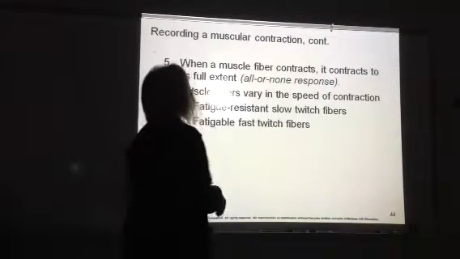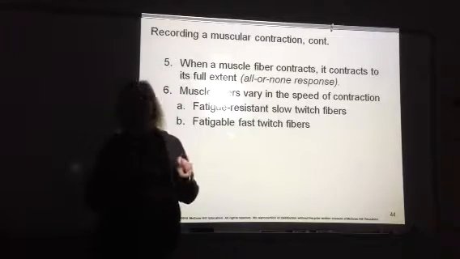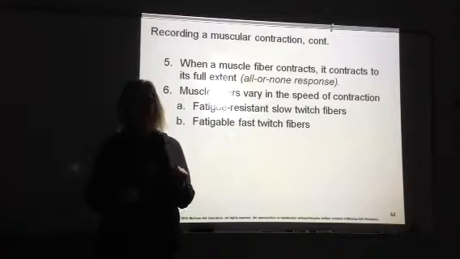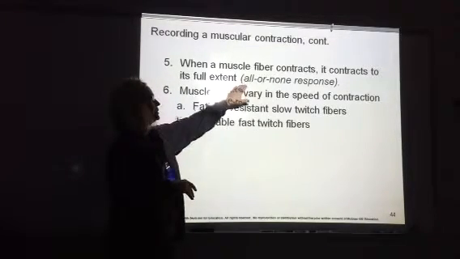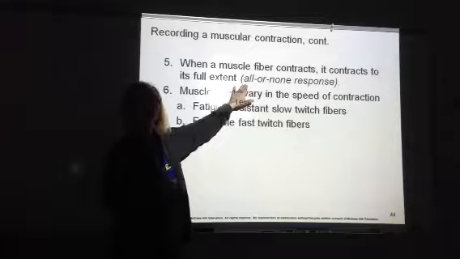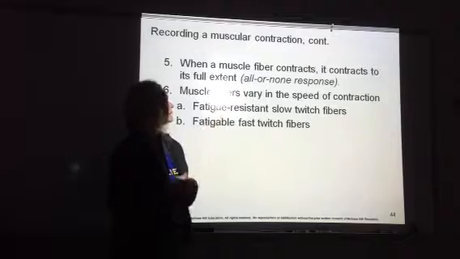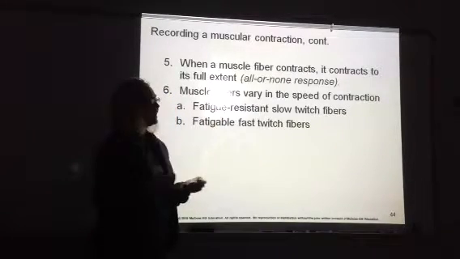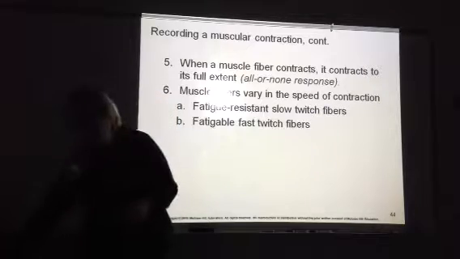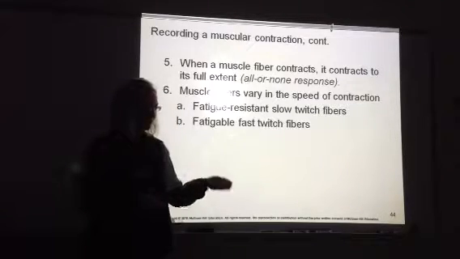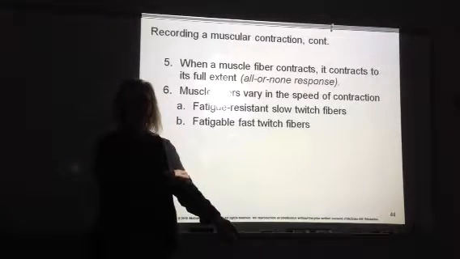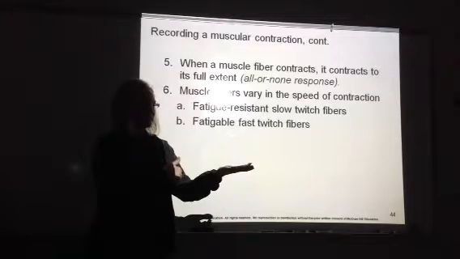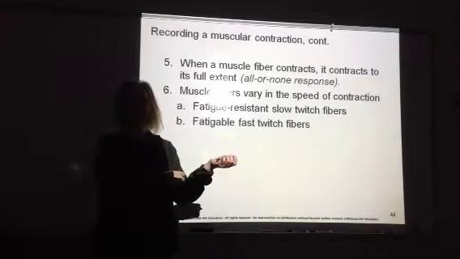When a muscle fiber contracts, it's contracted to its full extent. I would underline, highlight this: all or none response. A fiber is either fully contracted or it's not contracted at all. If I go to pick up something light, a piece of paper, I don't need very many fibers. But the few fibers that I use are fully contracted.